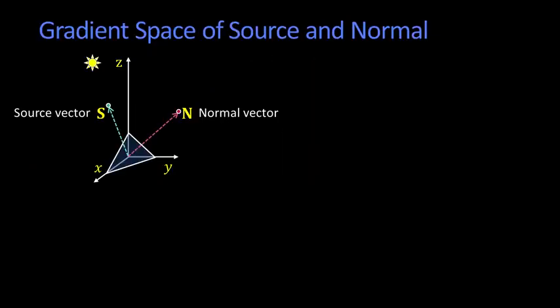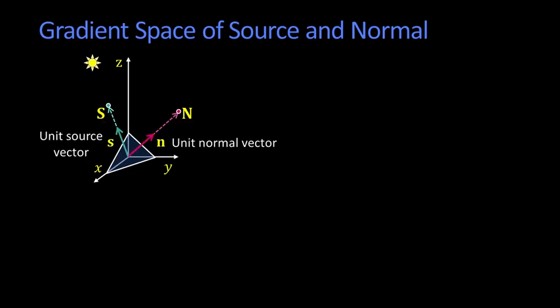Got it? Cool. Let's suppose I have two vectors. So I'm working from a point. I've got a vector S that's in the direction of my source, and a vector N that's in the direction of the normal of the surface. Well, those vectors are whatever they are.